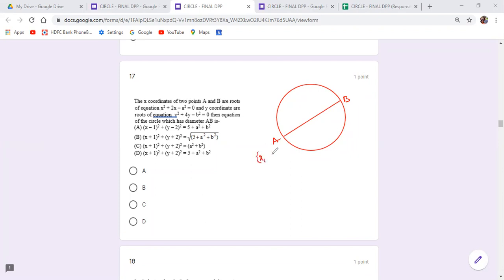So let's say the points are (x1, y1) and (x2, y2). x1 and x2 are roots of x square plus 2x minus a square.